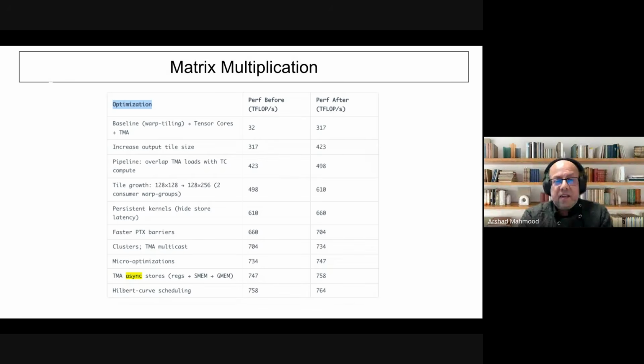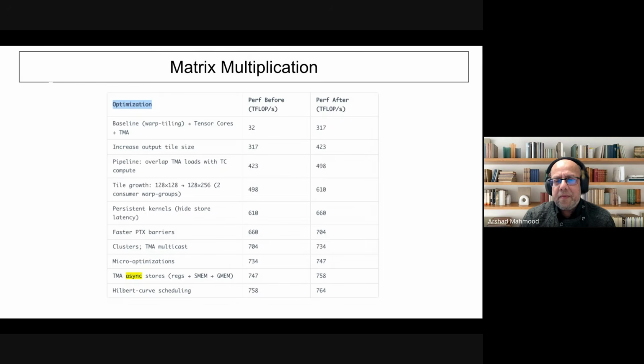Then he increased the tile output size. Looking at how much shared memory he had, he increased the tile size and pushed that to 423 teraflops, which is almost 50% of the GPU now. Then he did a pipeline, which I didn't cover, an approach where, because of the async behavior within a particular warp, you can pipeline the work.